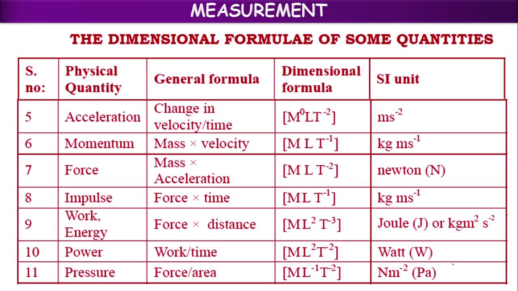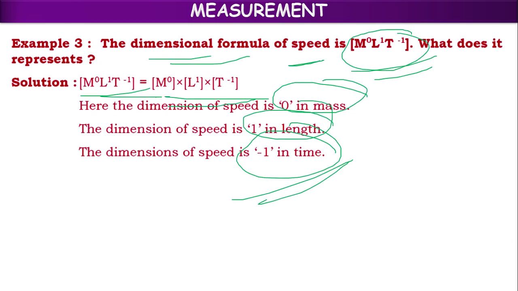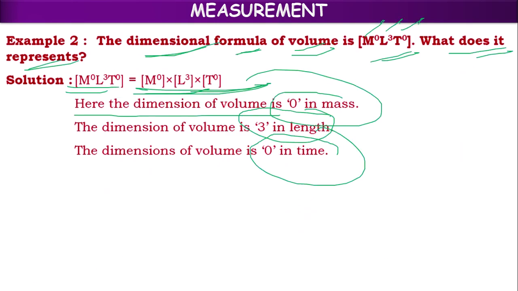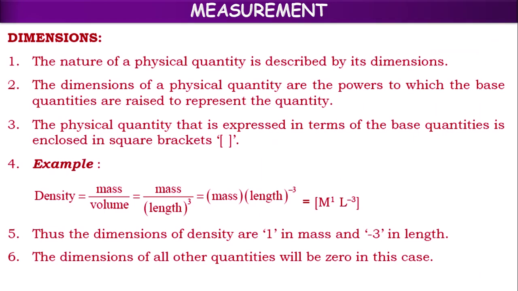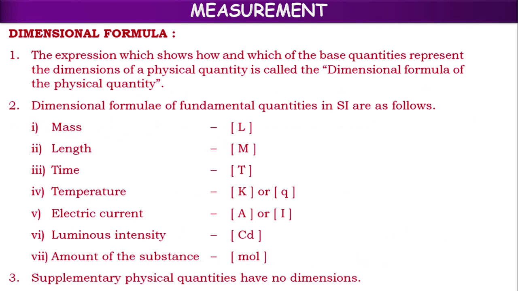So like this, children. Today we have learned about dimensions. Dimensions means just the powers to which base quantities are raised. Dimensional formula means all the terms enclosed in square brackets.